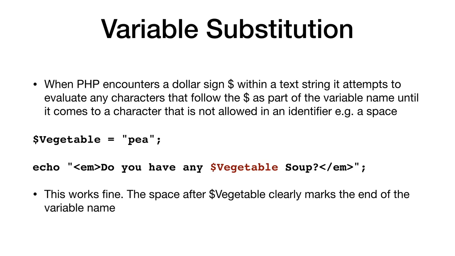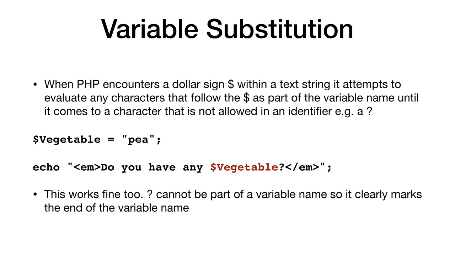And so this will work fine, and it'll say, do you have any pea soup? Okay. So it sees the dollar sign, says, okay, there's a variable coming here, vegetable, space. You can't have a space in a variable name, so I guess then the variable is vegetable. So it knows to look for the variable called vegetable and substitute whatever might be in that for the sequence here.